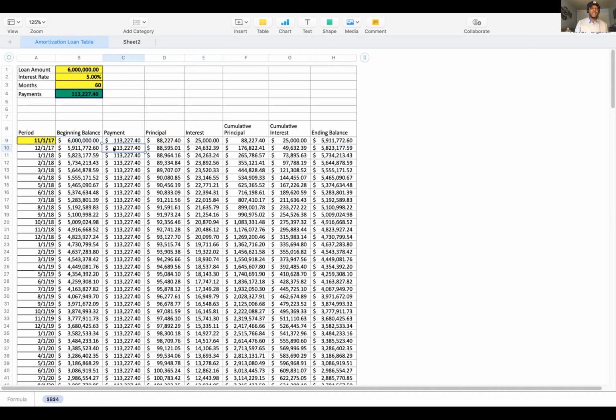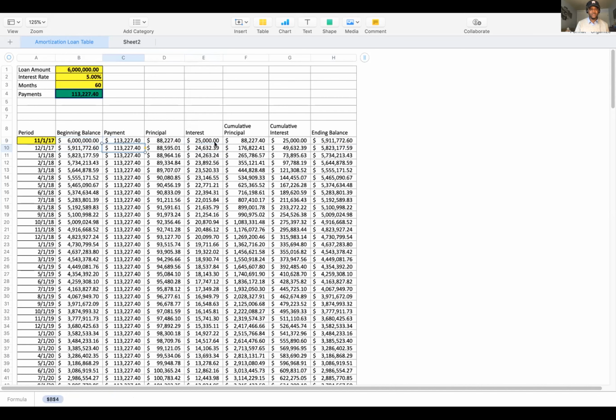So the next month when you make a $113,000 payment, you're going to pay interest on 5,959,177.6 times 5% interest divided by 12. It's going to be slightly less, $24,632.39.